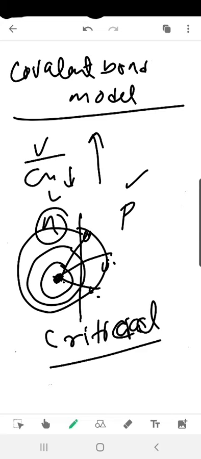Why will they not participate in the covalent bond? Because due to this critical field, these electrons have broken away from the atom. If they are not part of the atom, they will not participate in the covalent bond. This electric field will accelerate these electrons, and they will move to the n side of the junction.